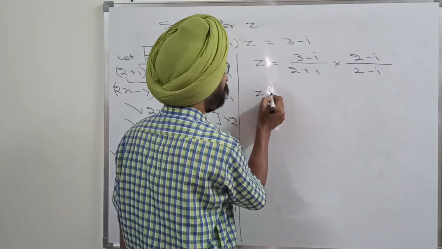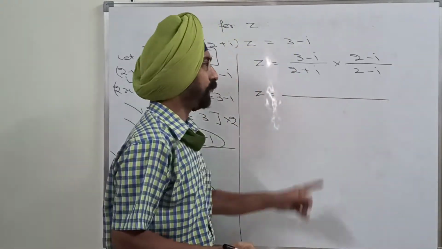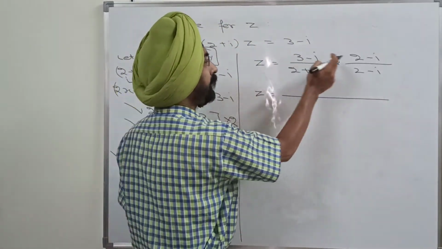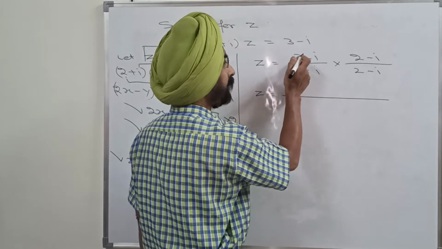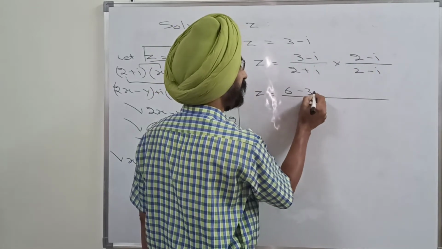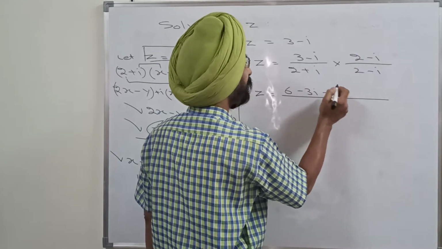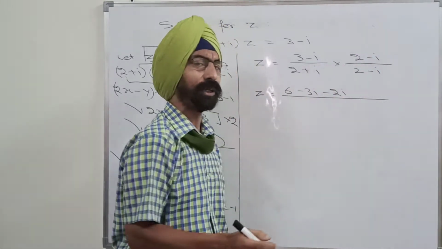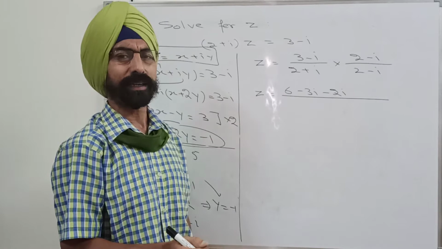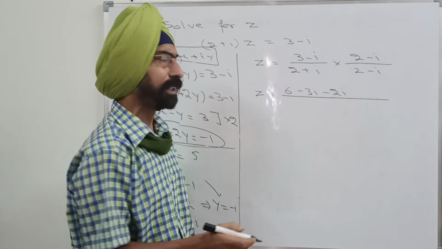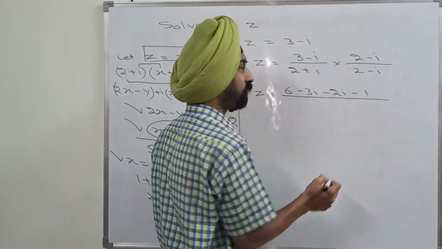So your z will be equal to, in the numerator, 3 into 2 is 6, 3 into -i is -3i, -i into 2 is -2i, and -i into -i is +i square, but the value of i square is -1, so it will become -1.